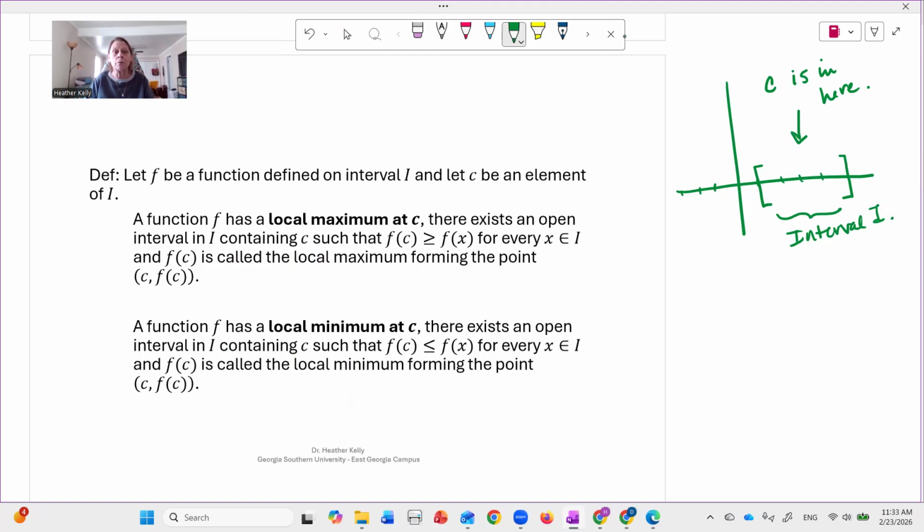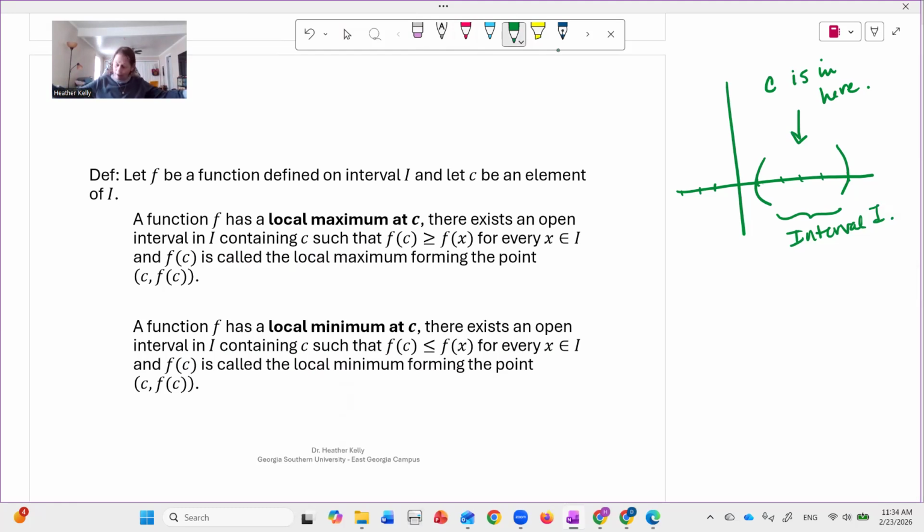Okay, so a function has a local maximum at c. There exists an open interval I containing c, and I guess my picture's not right because I have drawn a closed interval. So let me draw an open interval. That would be parentheses means it's open, means that you can never actually touch the ends, right?